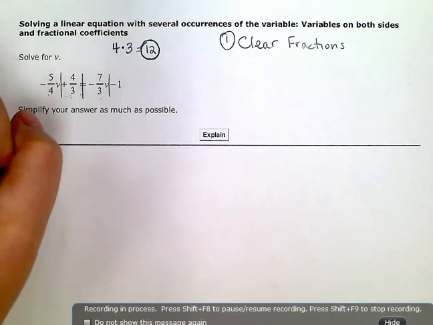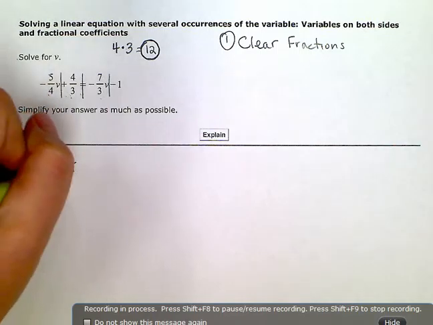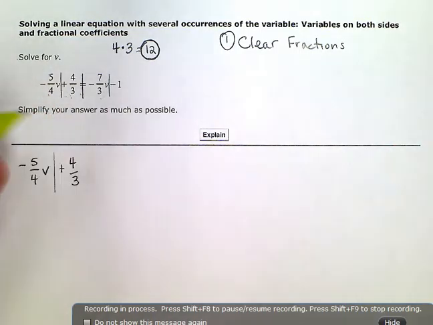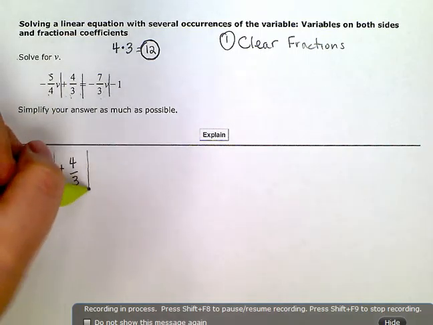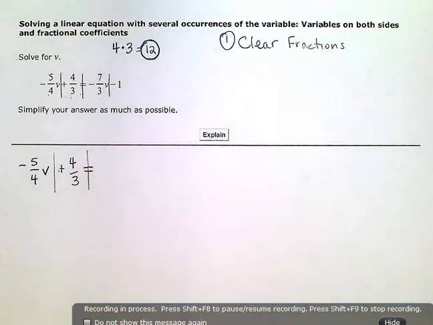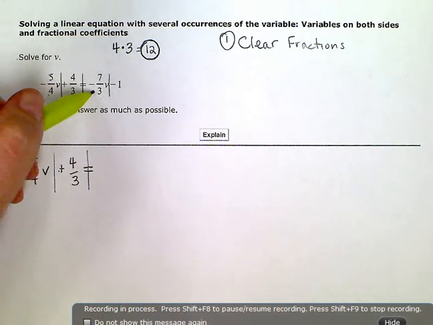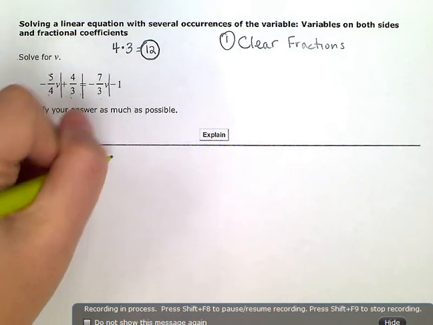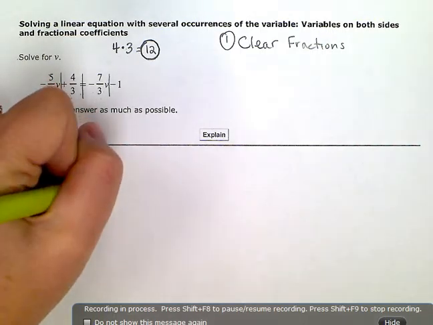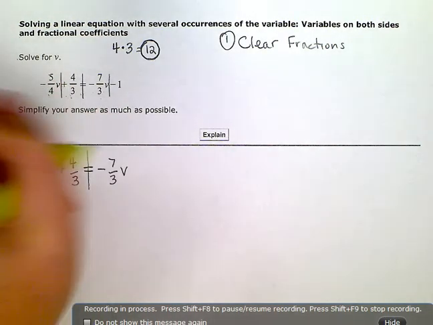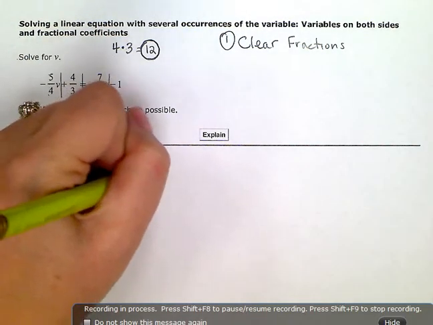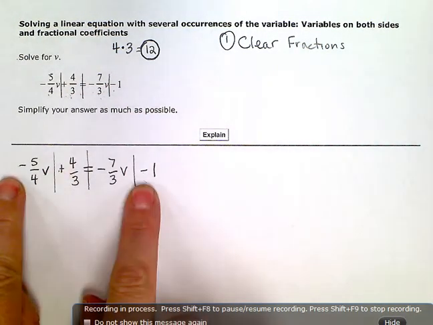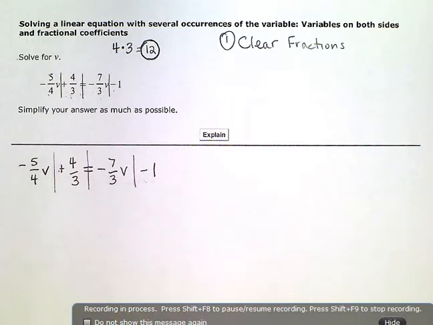Then plus 4/3. There's the plus. Then I divide at the equal sign. This term has a negative. And then this term also has a negative. So I have one plus or minus in each term, and then the number and the variable.